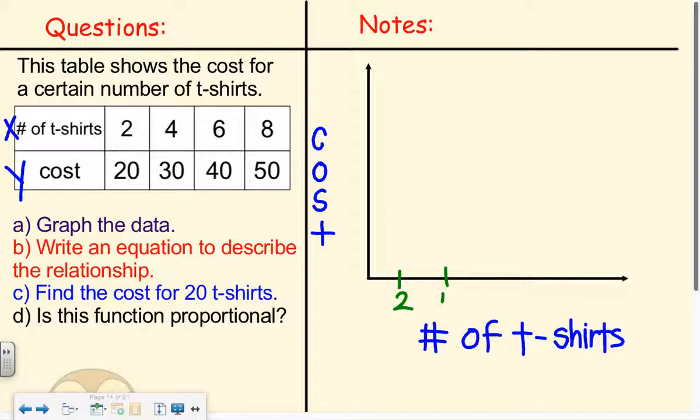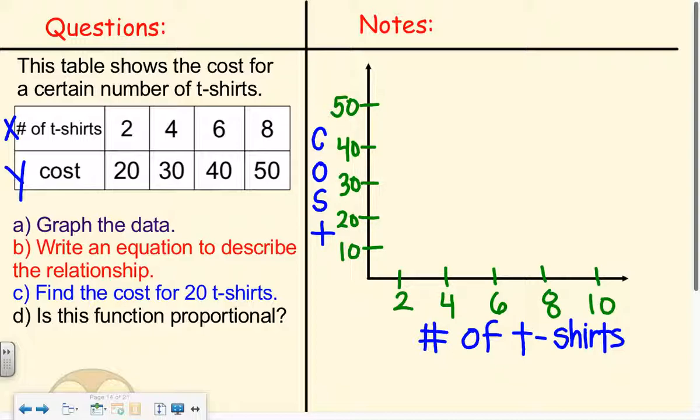So our t-shirts goes up by 2s. So 2, 4, 6, 8, now I can go up to 10. And then our cost, you'll notice that the first number is 20, but then it's going up by 10s, 20, 30, 40, 50. So I would go by 10s. 10, 20, 30, 40.